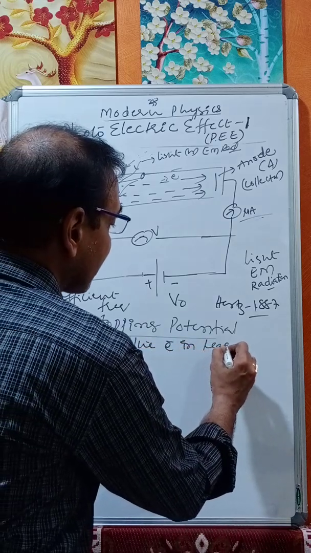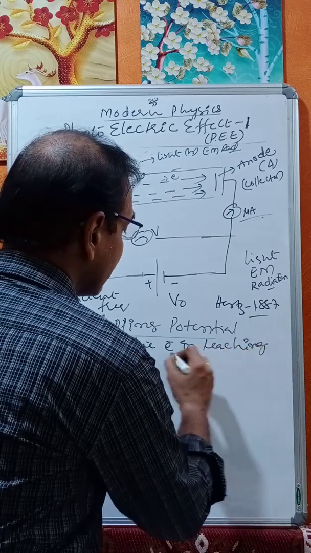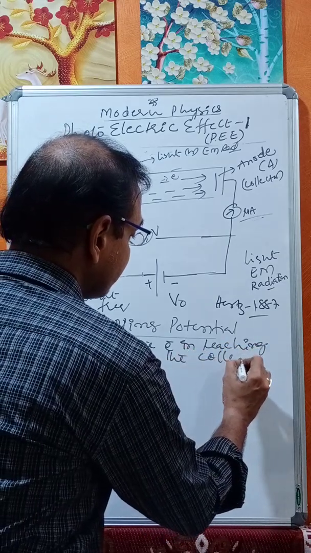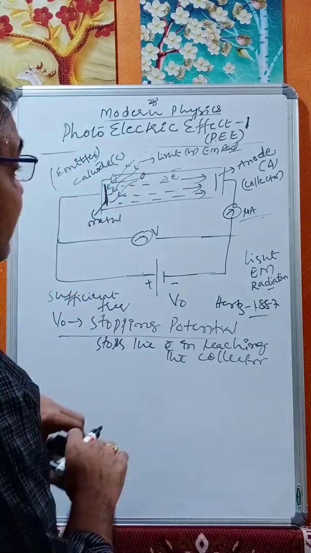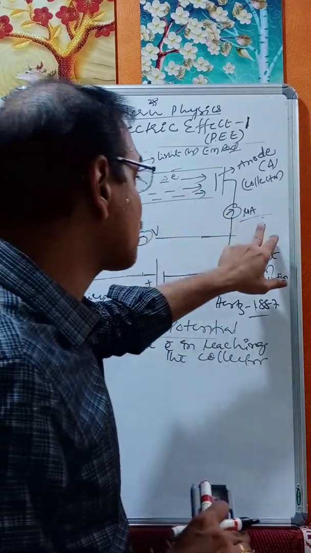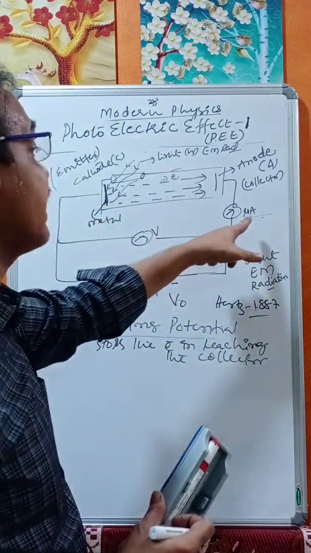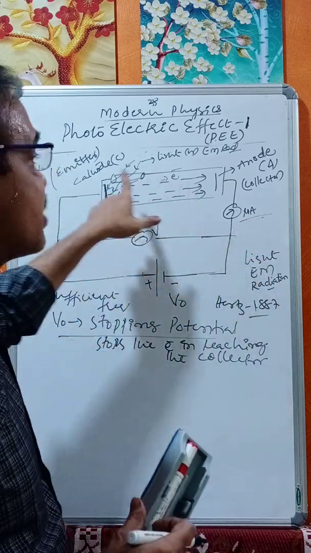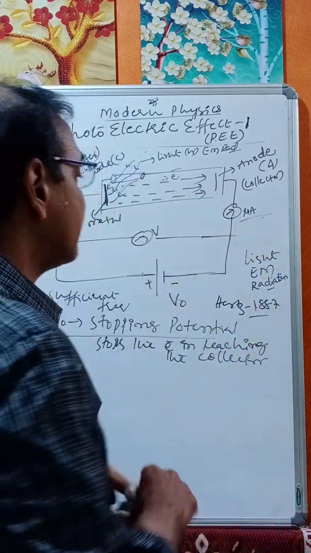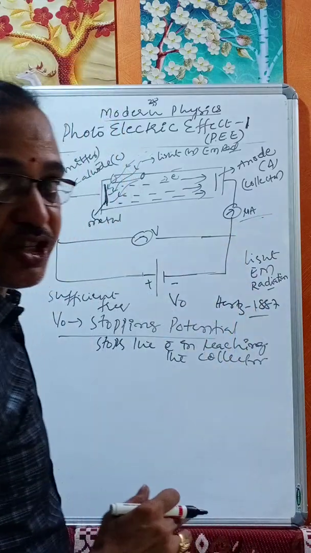If the electrons reaching the collector are stopped, then the micrometer reads zero current.